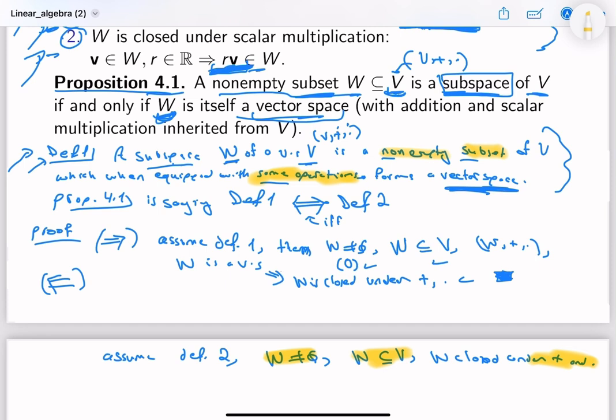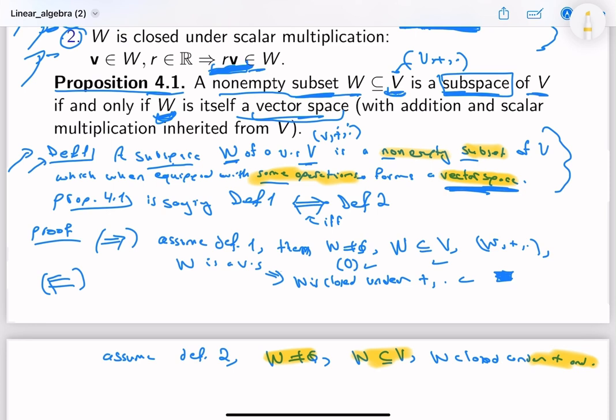Now the hard thing, or the thing that requires some work, is why it is a vector space, right? I'm only giving you that it's closed under addition and scalar multiplication. There are properties that we haven't checked, or we haven't required, for example, existence of zero, existence of inverses, distributivity, commutativity, the other axioms of vector spaces.